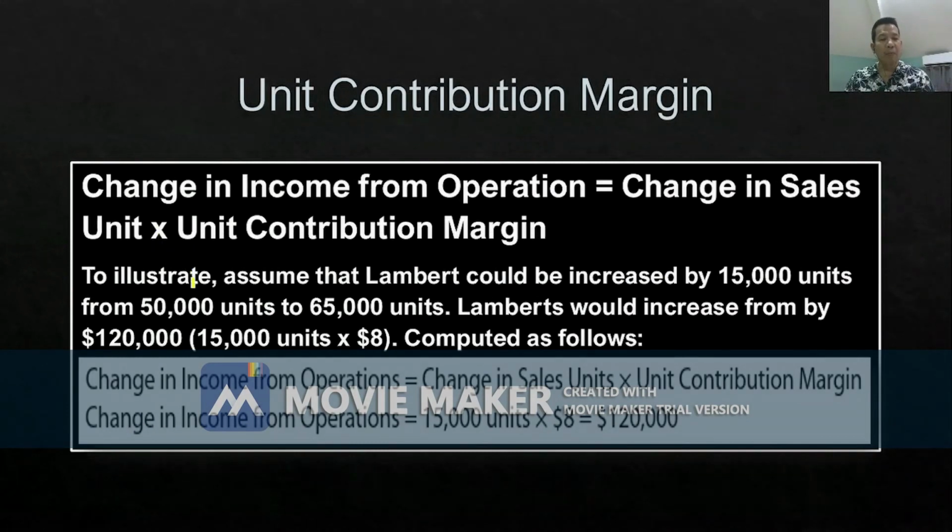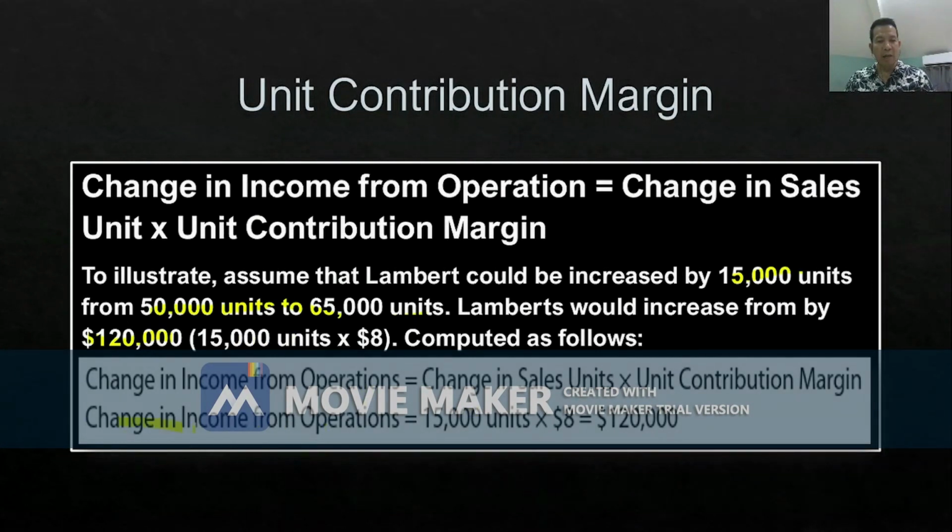To illustrate, assume that Lambert's sales could be increased by 15,000 units, from 50,000 units to 65,000 units. Lambert's income would increase by 15,000 units times $8.